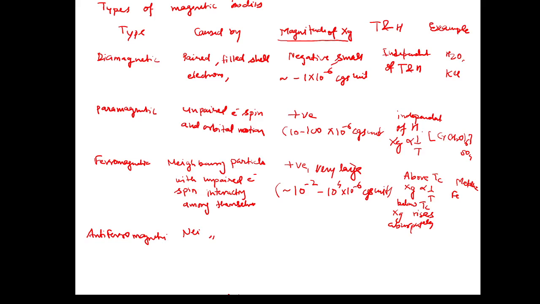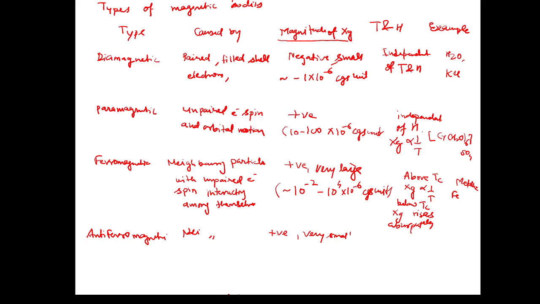They cancel the magnetic moment of each other, so the net magnetic moment will be 0. And there, their chi value is also positive but very small, small with respect to paramagnetic, whereas ferromagnetic is large with respect to paramagnetic.